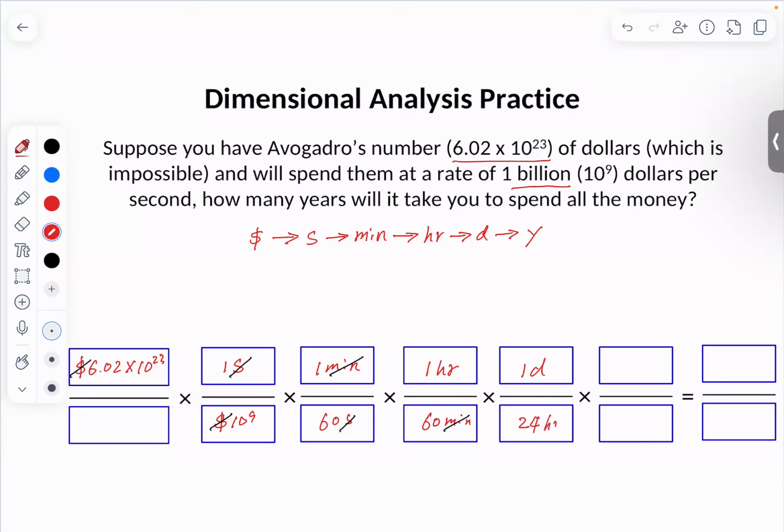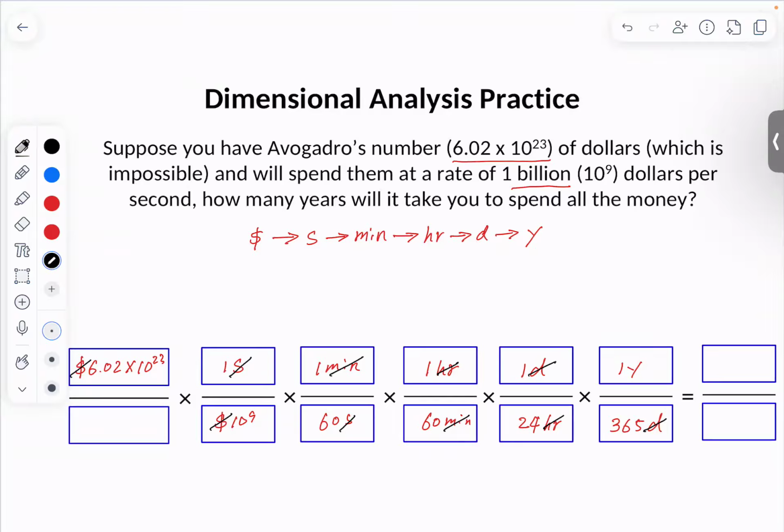So we can cancel out hours to give us days. And then we multiply by the fifth conversion factor, which is 1 year over 365 days. So we can cancel out the days to end up with years, the final unit.